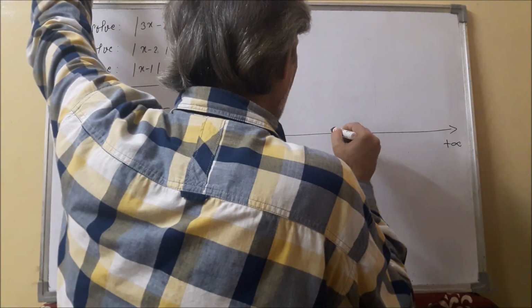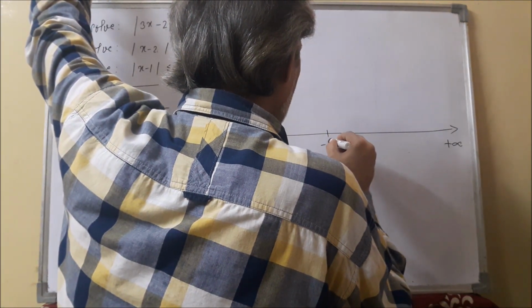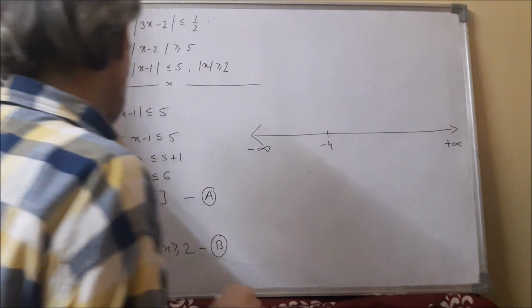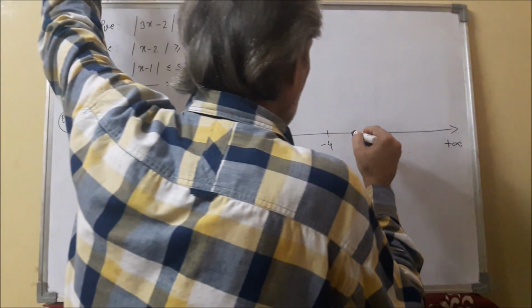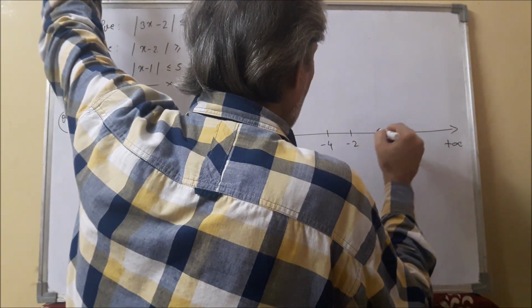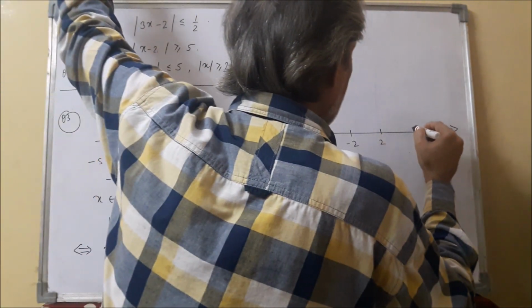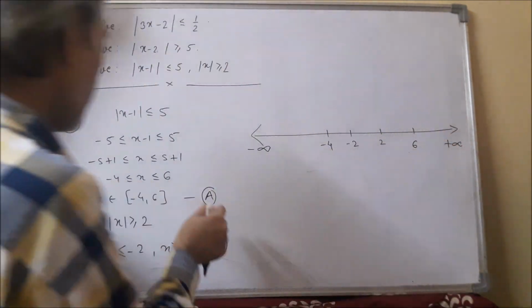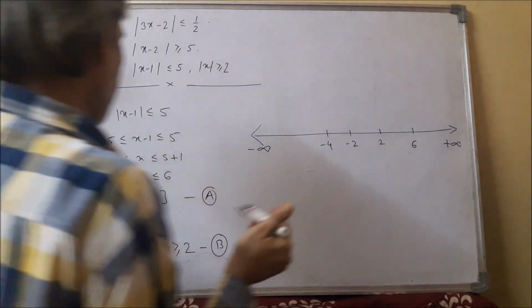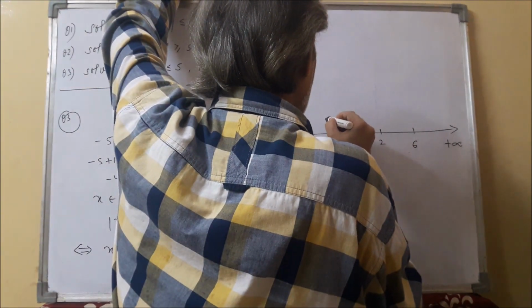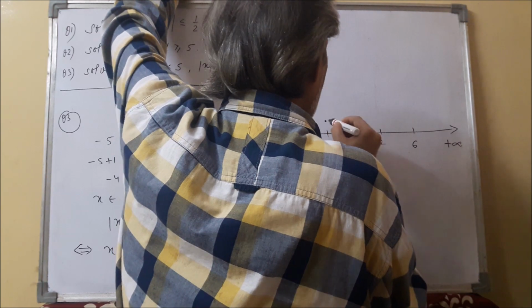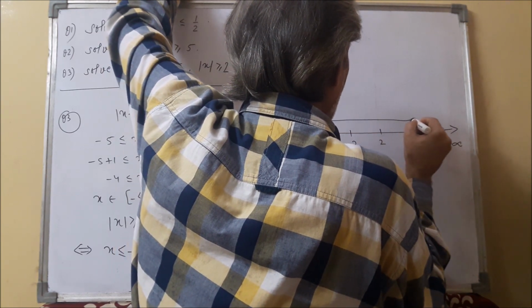Like we have minus 4, minus 2, 2 and 6. Now A says x should lie in between minus 4 and 6. From here to here.